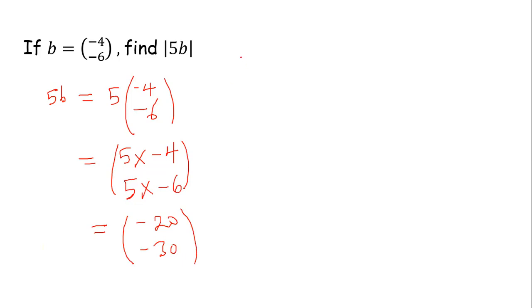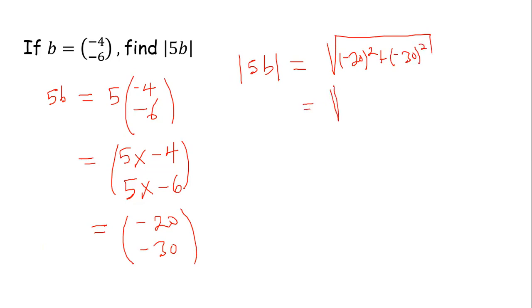So that implies that the magnitude of 5b is equal to root of -20 squared plus -30 squared. This will be root of 400 plus 900.